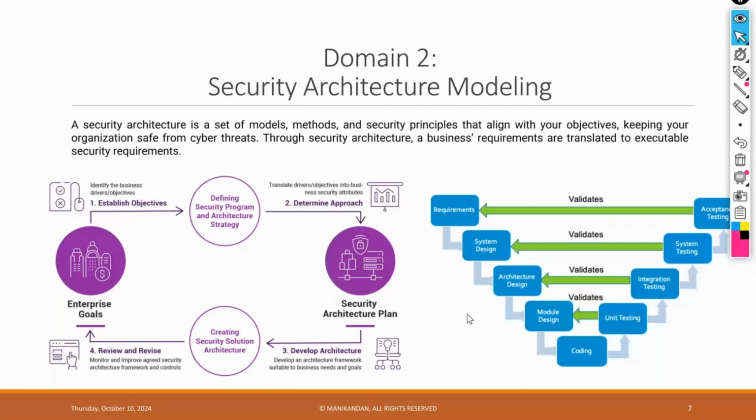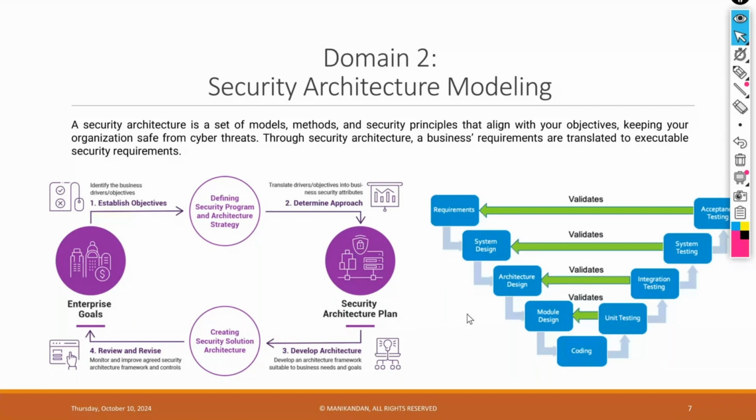Okay, so as a security architect, our role is to identify the business drivers and objectives. Then we need to define the security program and architecture strategy, where we translate the business requirements into security attributes.